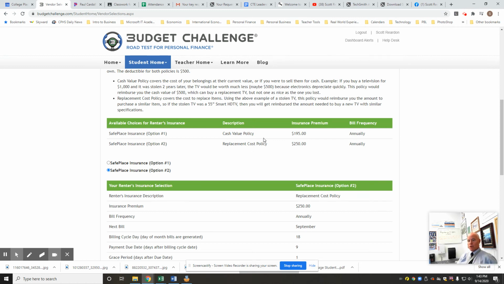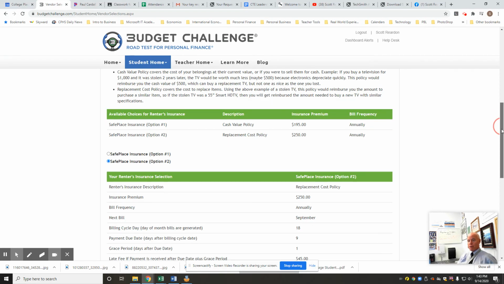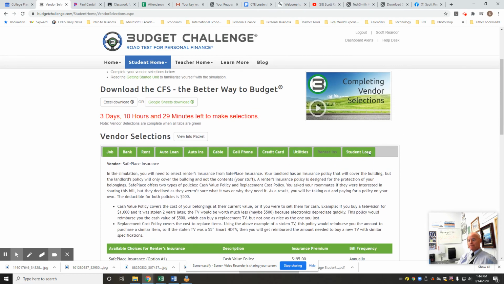And of course, the replacement cost, which costs the insurance company more to pay for, will be a higher premium. Again, premium meaning the amount you pay for insurance, in this case, annually. I only pay this once a year. So if we have a 10-week simulation, how many times are you going to pay that? Only once. Yes. Okay. Moving on.